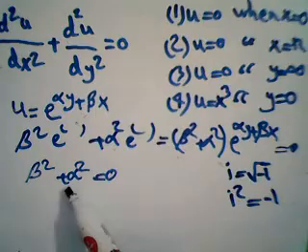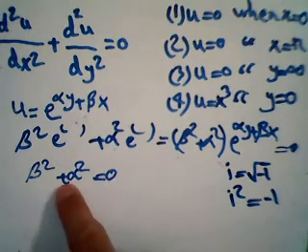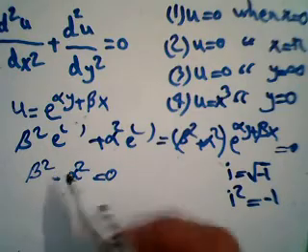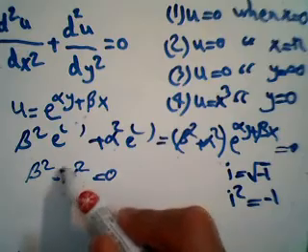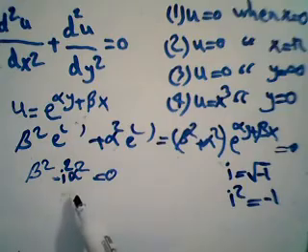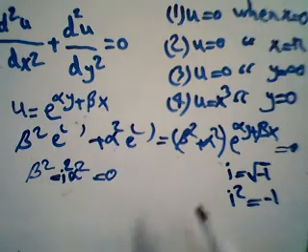Let's write this as alpha squared minus i squared, alpha minus i squared. i squared is -1, minus -1 is plus, plus 1 would be the original thing.